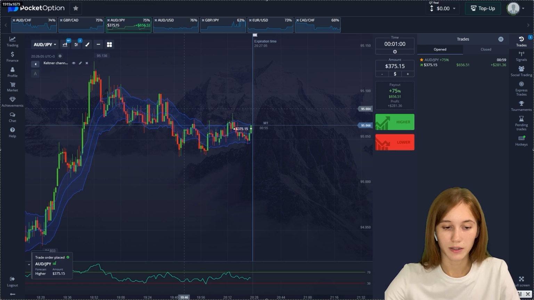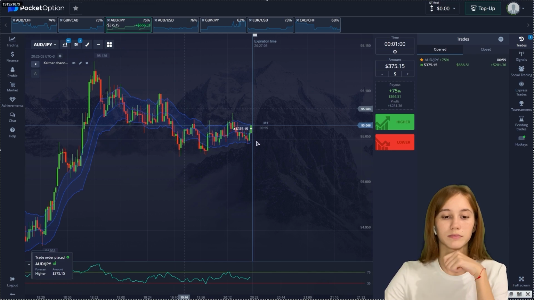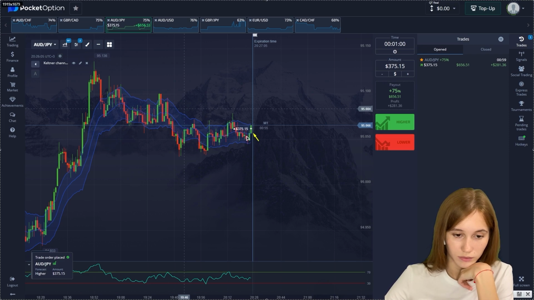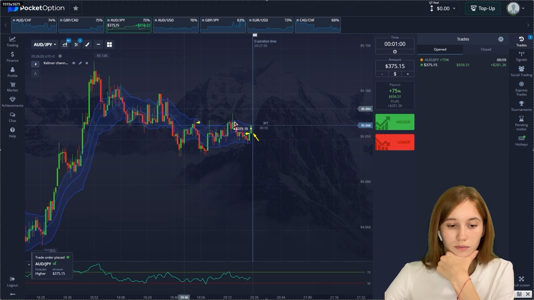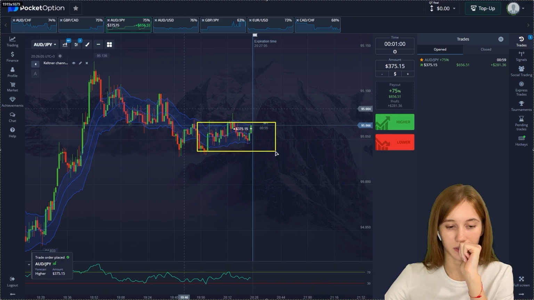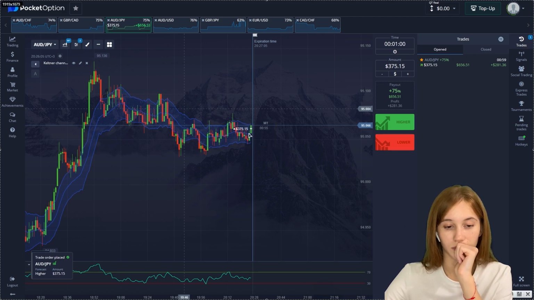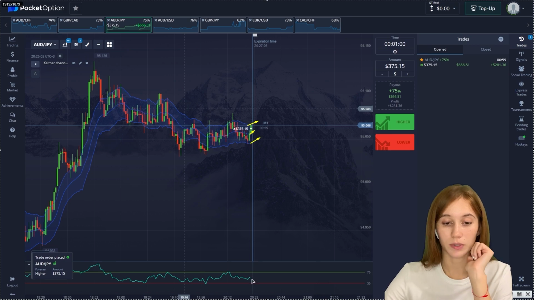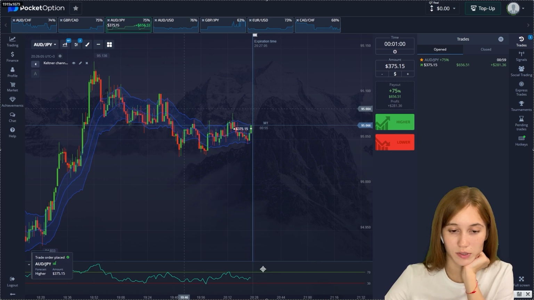So next concept, let's open up and start our technical analysis. So what we see here, we see these points. Like this, we see rollbacks, shadows. Here consolidation we see, upper position by Keltner.